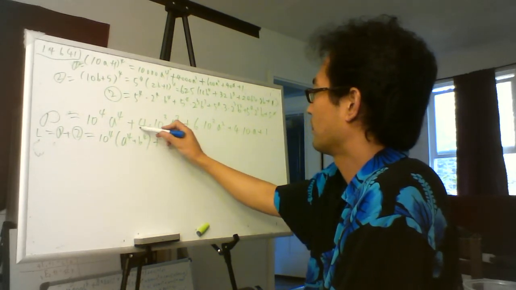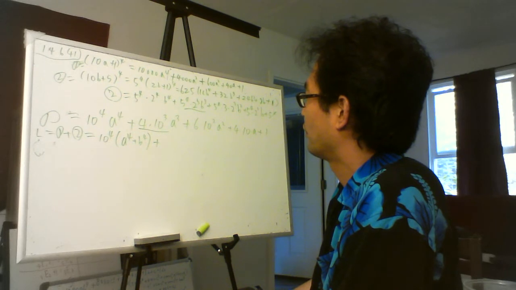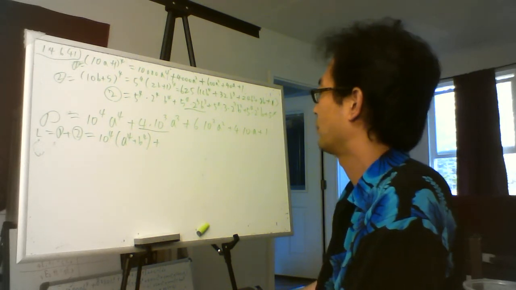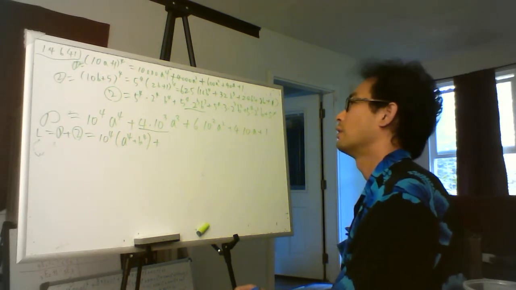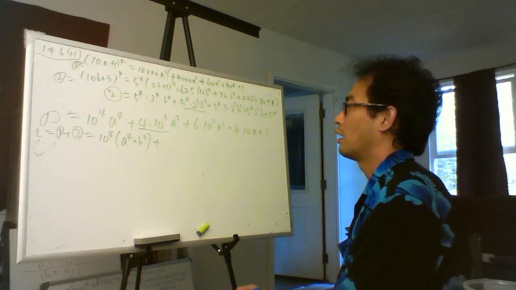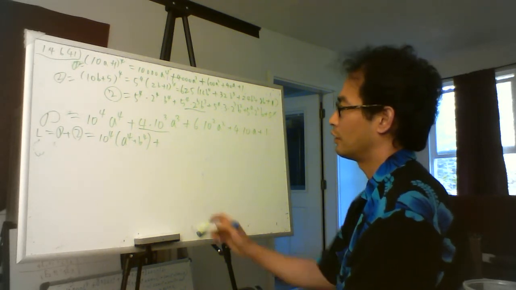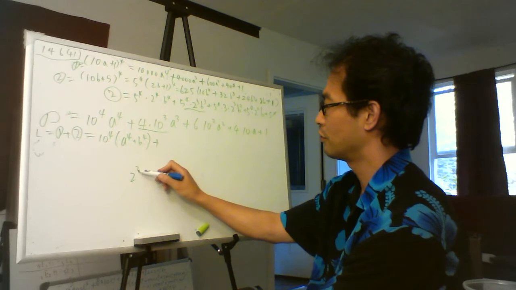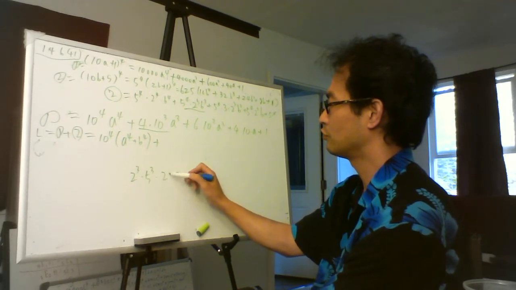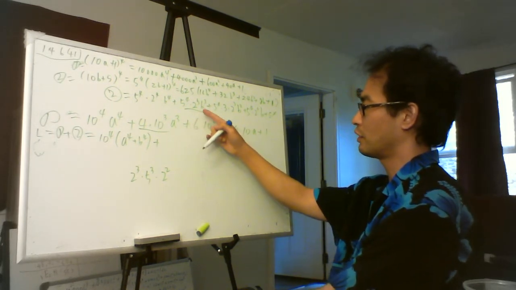Second term. 4,000 is 2 to the third times 5 to the third times 2 to the second. So that's 4,000, so we factor that.